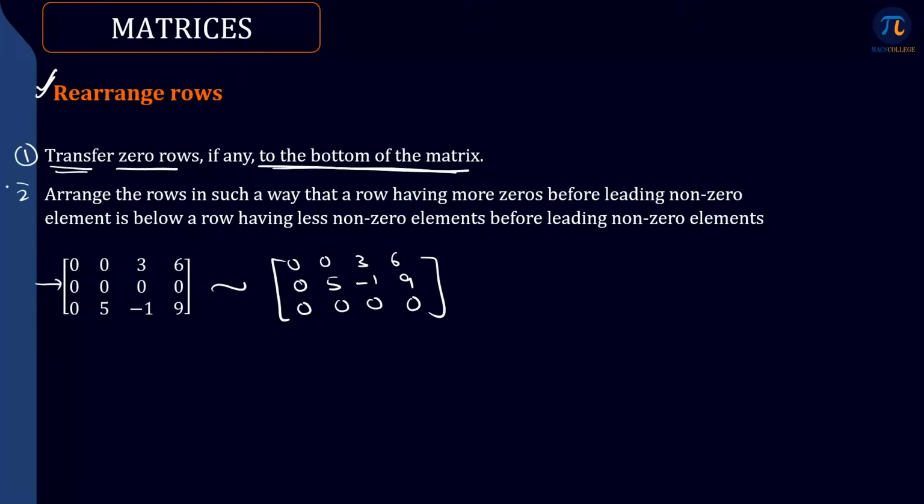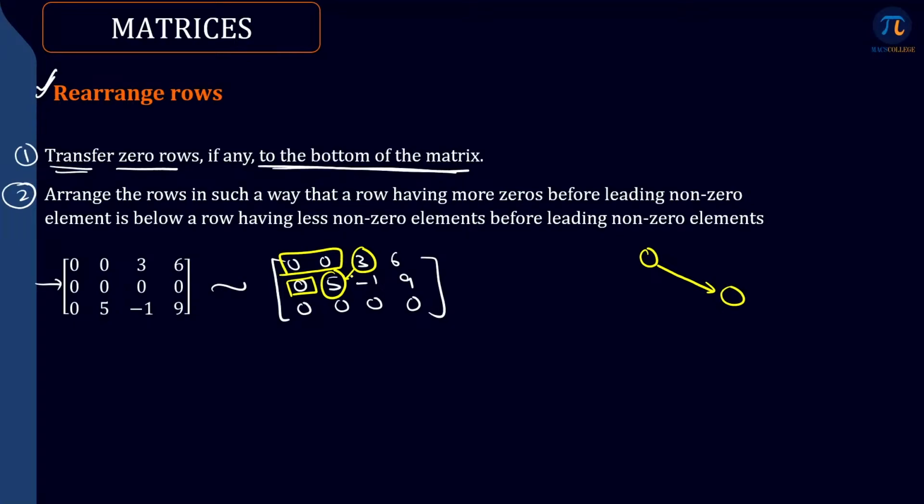The second step is very important. Here this is a leading element and here it is a leading element, the leading non-zero element. A row having more zeros before the leading non-zero element should be below a row having fewer zeros before the leading non-zero element. Because if the leading element is here, the next leading element should be to the right, but here the leading element is to the left.